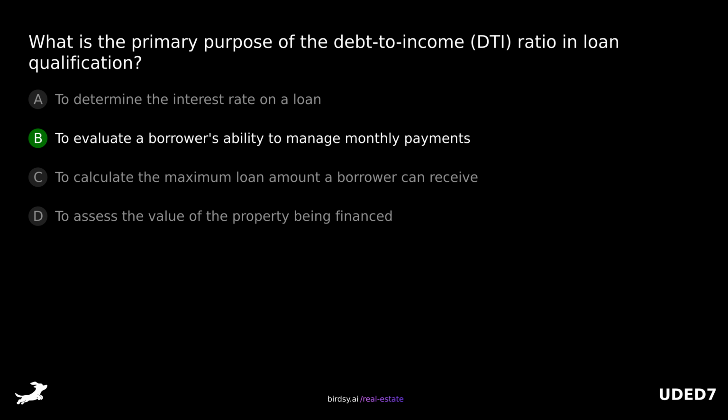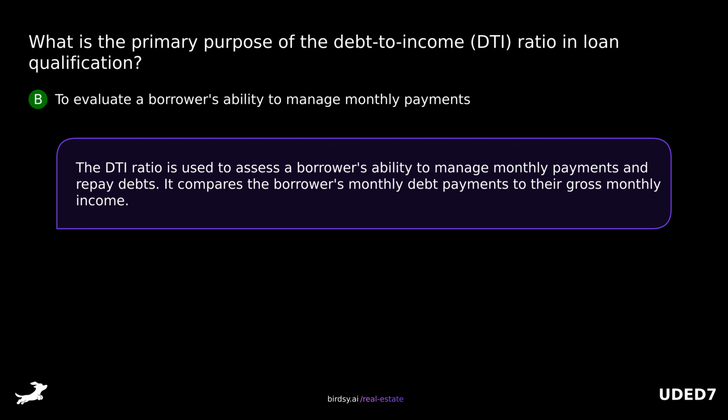The correct answer is B, to evaluate a borrower's ability to manage monthly payments. The DTI ratio is used to assess a borrower's ability to manage monthly payments and repay debts. It compares the borrower's monthly debt payments to their gross monthly income.